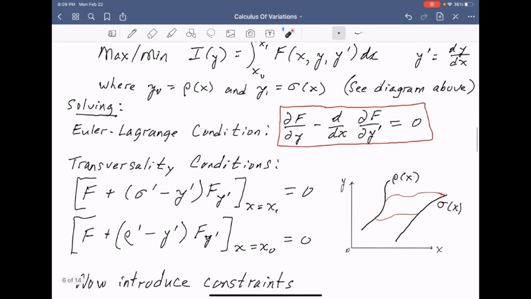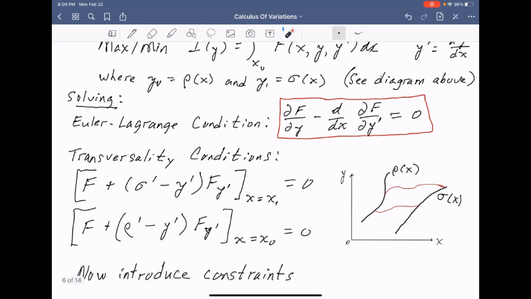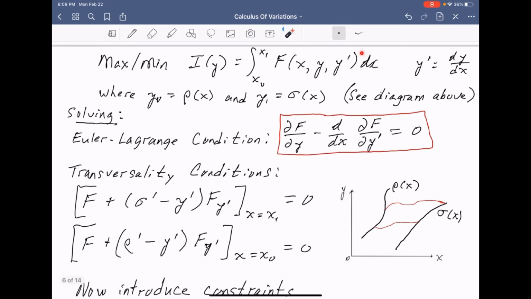So in order to solve this problem, we rely first on the Euler-Lagrange condition, which says that the partial of this function f with respect to y, minus the derivative with respect to x of the partial of f with respect to y prime, so with respect to dy/dx, has to equal 0.